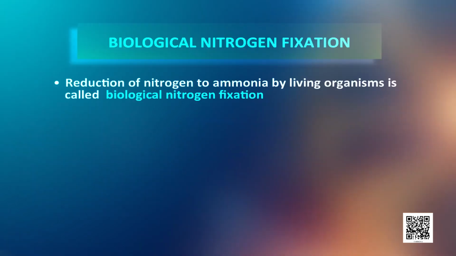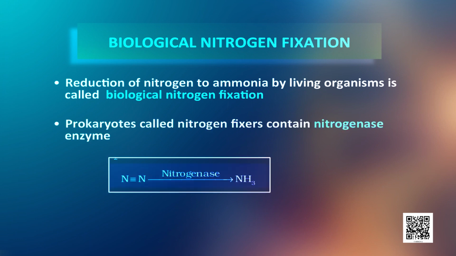We have already discussed biological nitrogen fixation in the nitrogen cycle, the process in which reduction of nitrogen into ammonia takes place by living organisms. Enzyme nitrogenase, which helps in the process of nitrogen reduction, is found exclusively in prokaryotes.